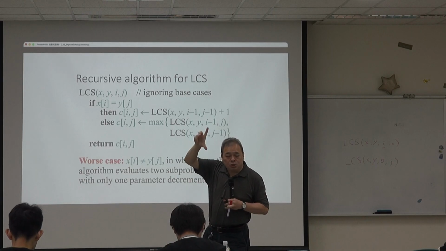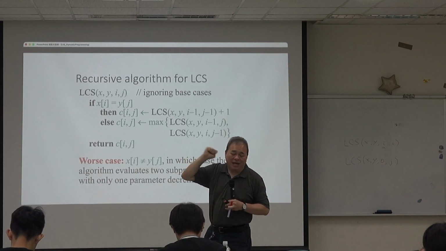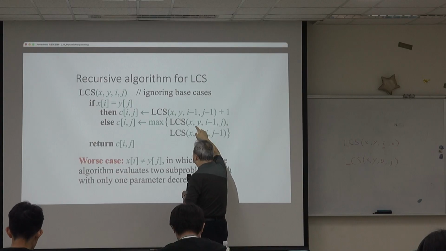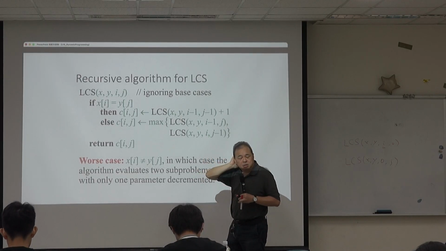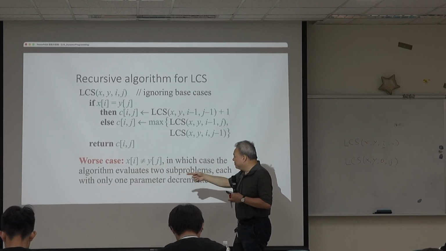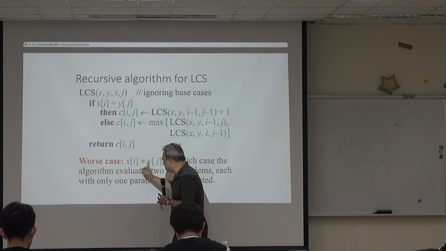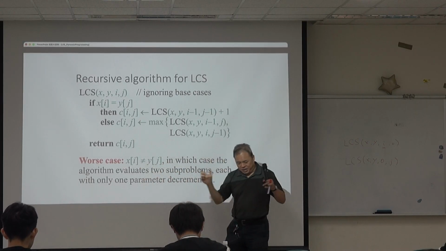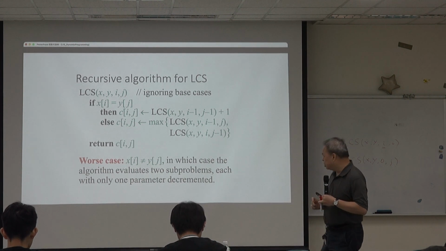But if the last characters of these two prefixes do not match, you will have to call two recursive calls instead of one. So the worst case is when these two characters at the end of the prefixes do not match.